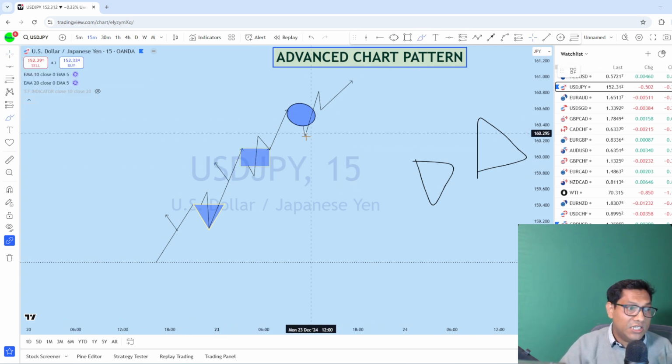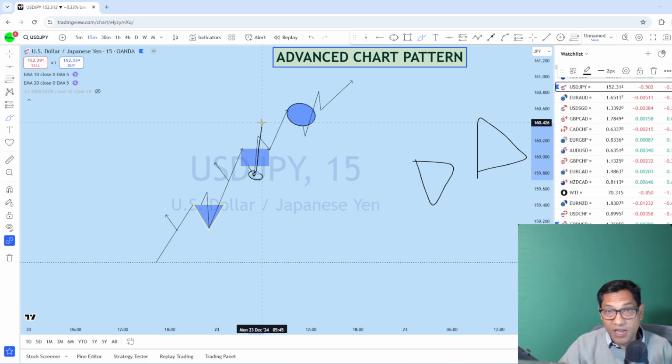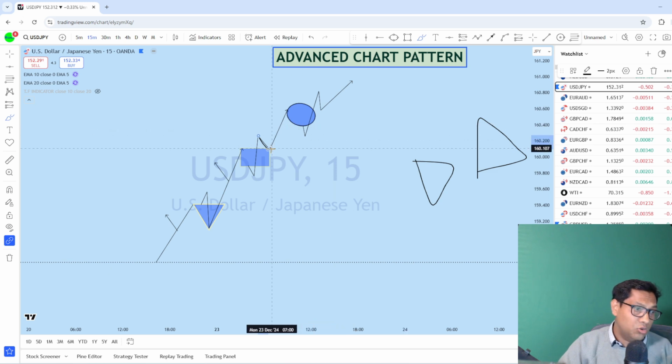With that rectangle, we can see the price has broken from that support and grabbed that liquidity, returned back up again, broken that resistance line, returned back again to retest that support, and then returned again to the upside.